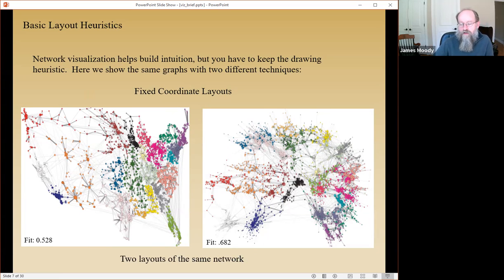So what fit is, is the correlation between the distance on the screen and the distance in the graph space. So if you think of the number of hops it takes to get from node to node, that defines the graph distance. Well, if the space-based layout is working really well, those two should be highly correlated.